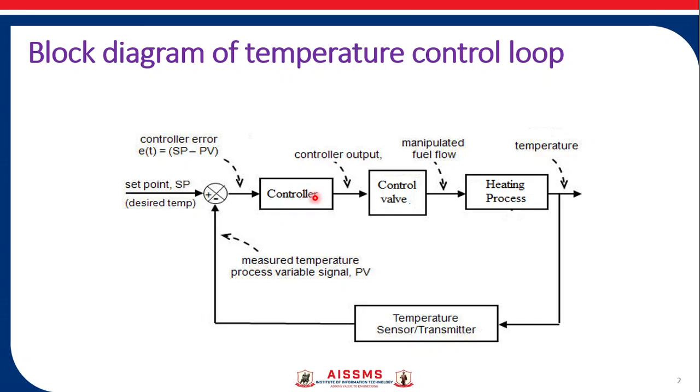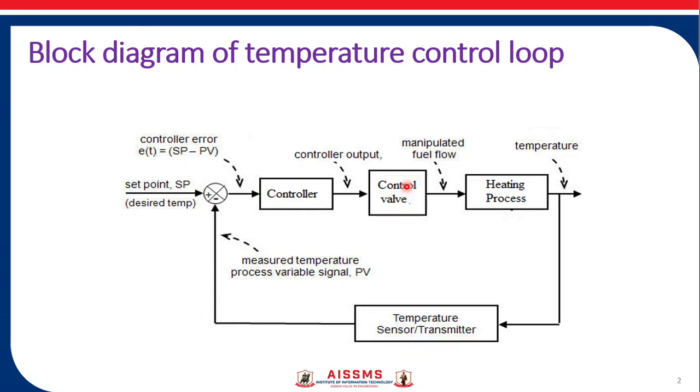So the decision taken by the controller will be delivered to the final control element, or to the control valve, for implementation. Now this is the control valve which will implement the decision taken by this particular controller.